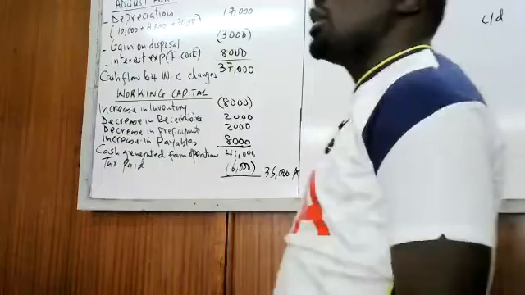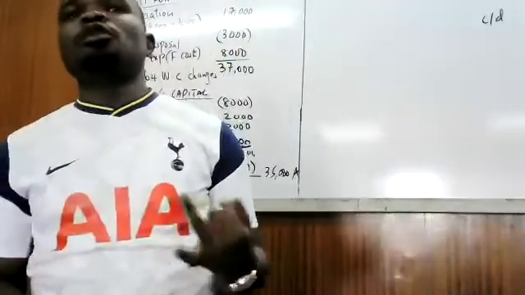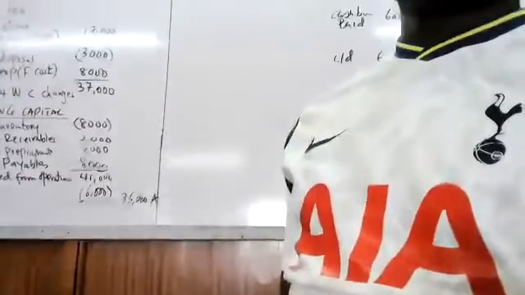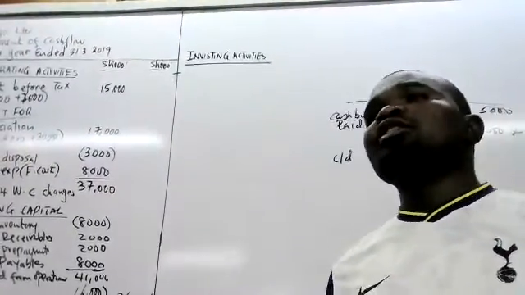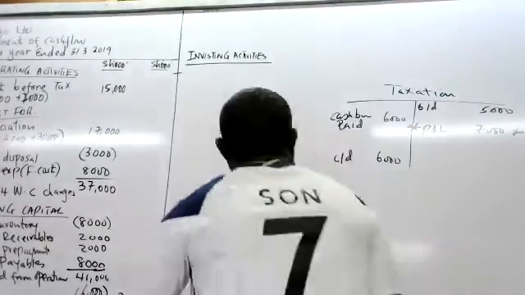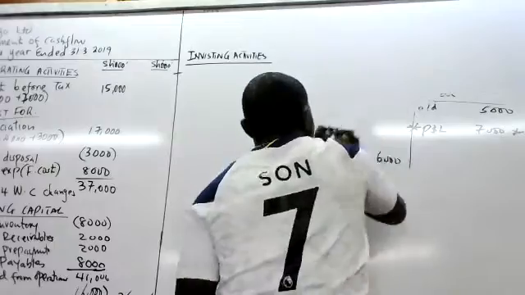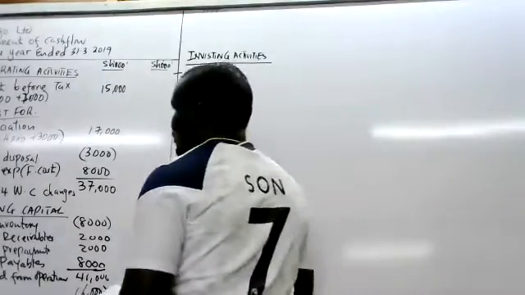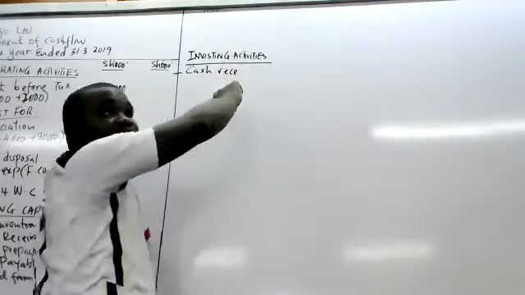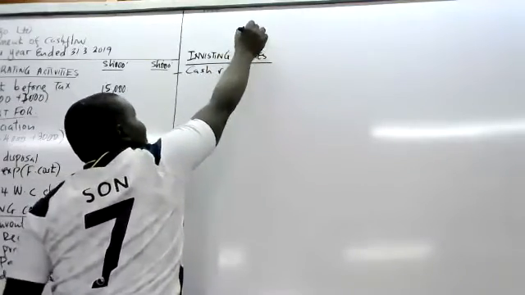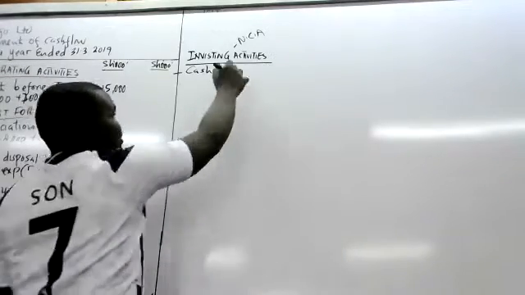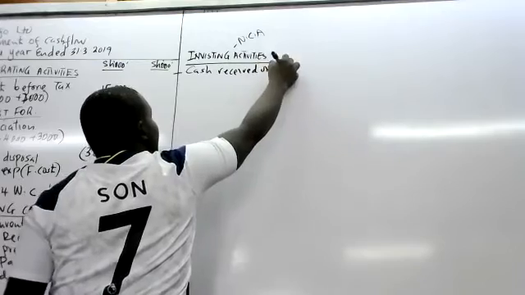If you have read, we said you concentrate on acquisition and disposal of assets. Was there any asset which was disposed? You ask yourself, how much did we receive? Cash received on disposal. You revolve around non-current assets, acquisitions and disposal.